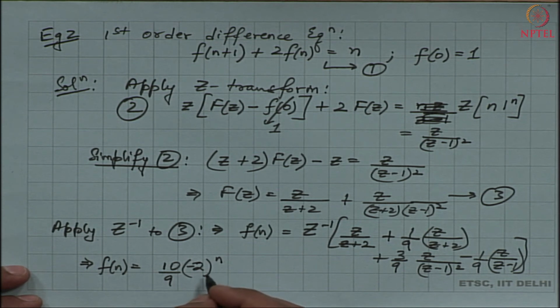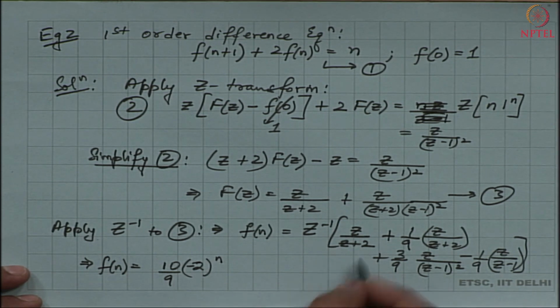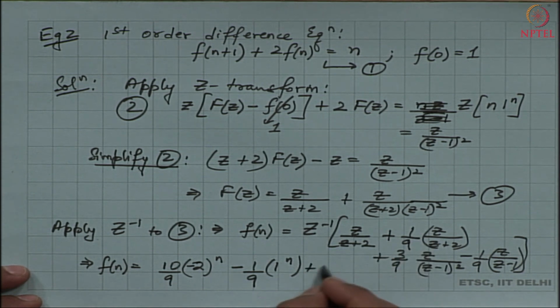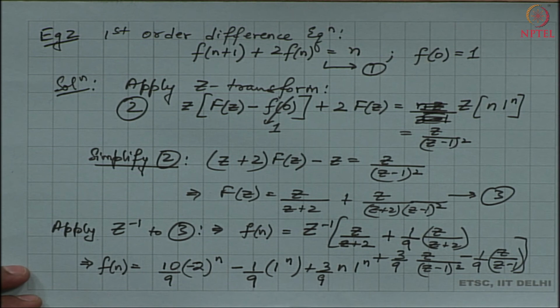The other two factors I can immediately evaluate. The last expression is negative 1 by 9 times 1 to the power n, and for the third expression, the inverse Z transform is 3 by 9 times n times 1 to the power n.